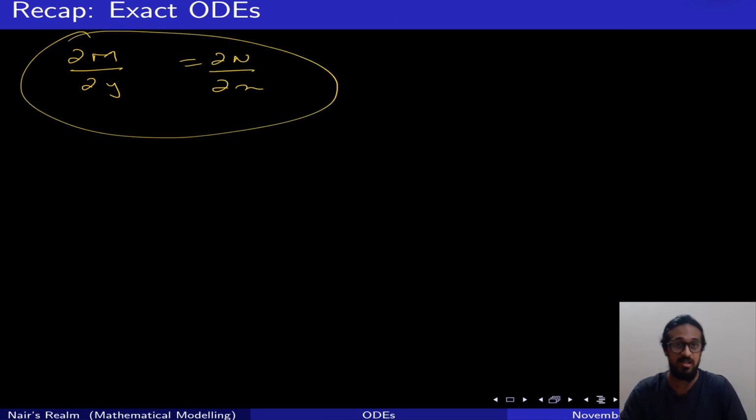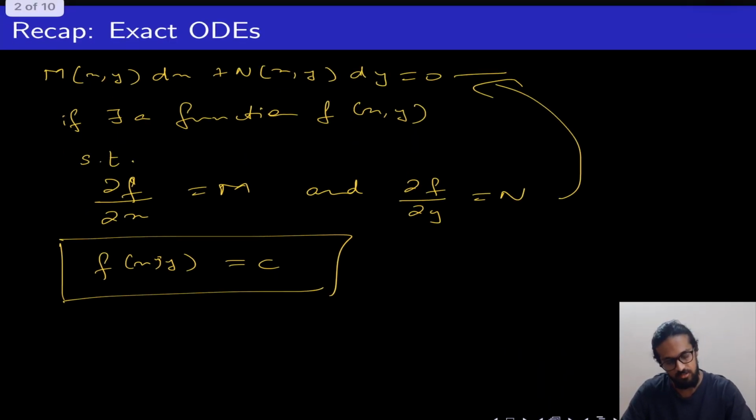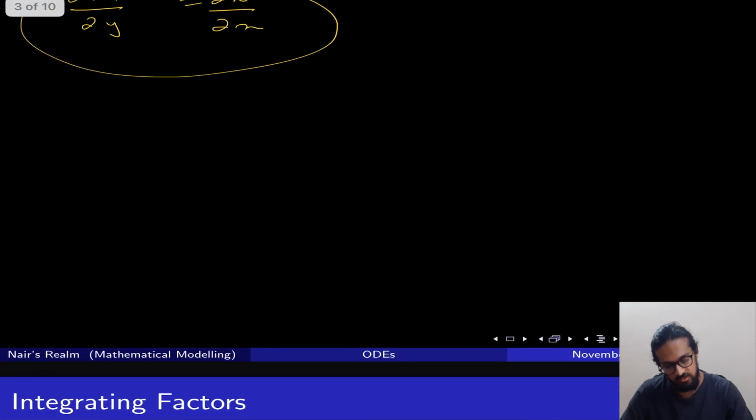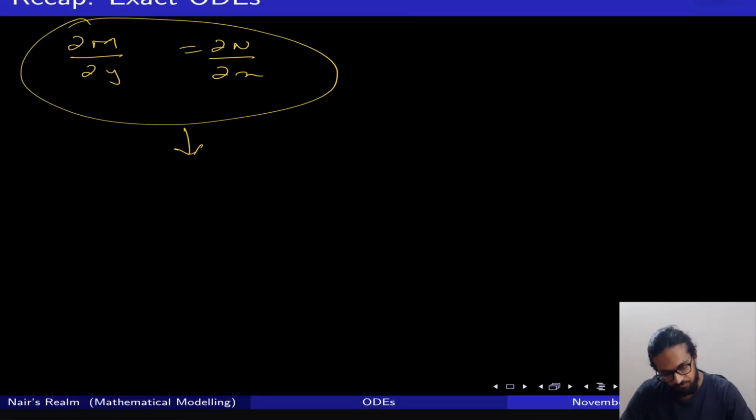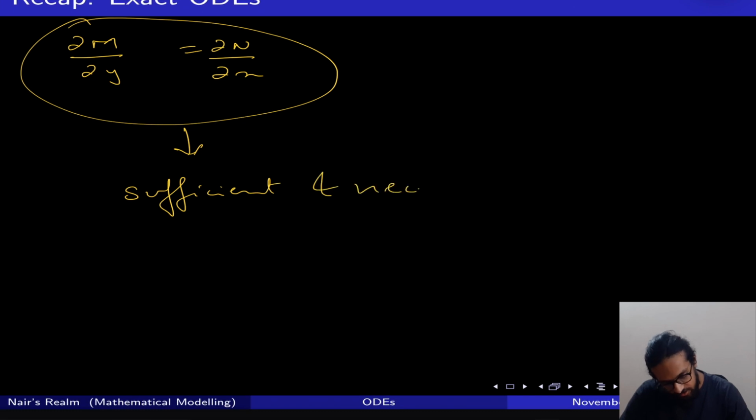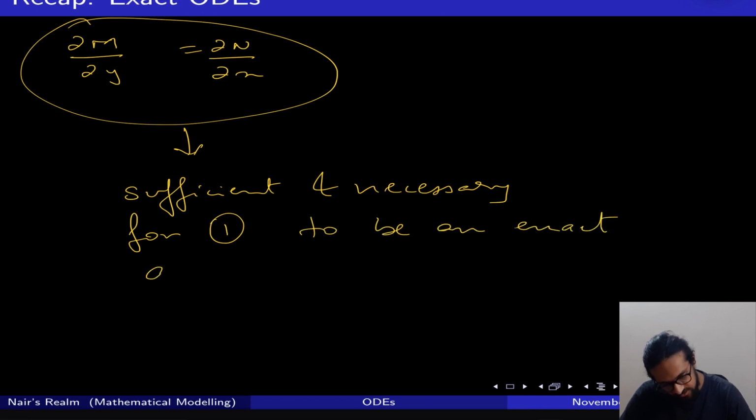Now we further saw that the essential condition was that if we have dou M by dou y equal to dou N by dou x, this is a sufficient and necessary condition for the differential equation written here to be an exact differential equation.